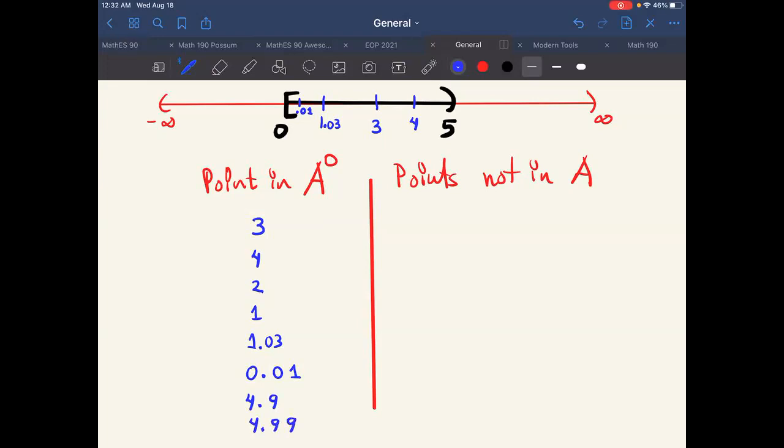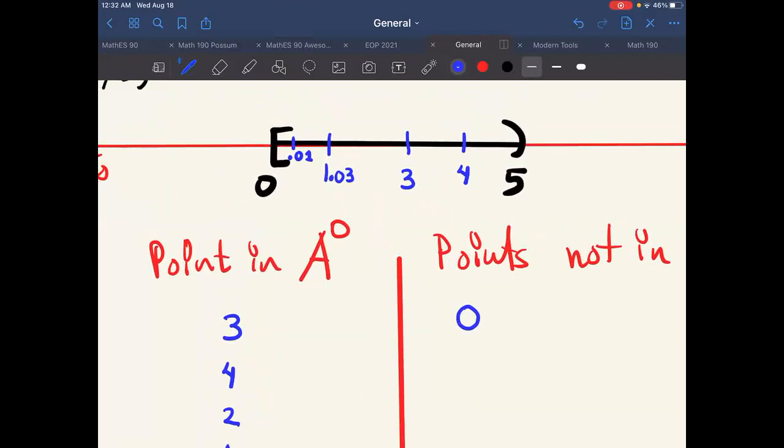Now, which points are not in the interior of a set? I'm going to give you one that is not in the interior. x equals 0. 0 is not in the interior. Why not? Here is the picture. Here's the explanation. This point is not in the interior because if it were, there would be an a and a b, (a, b), that contains 0, right?